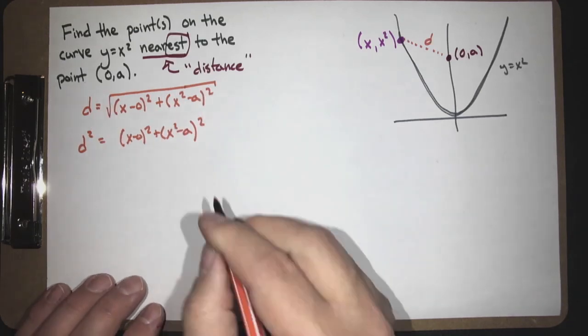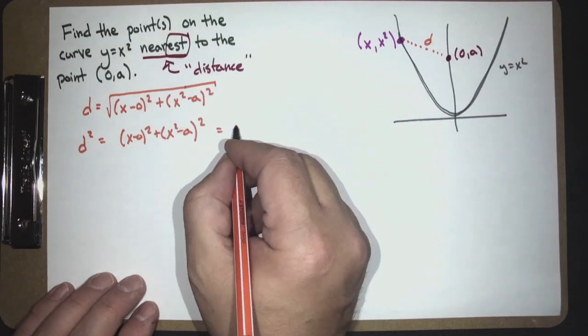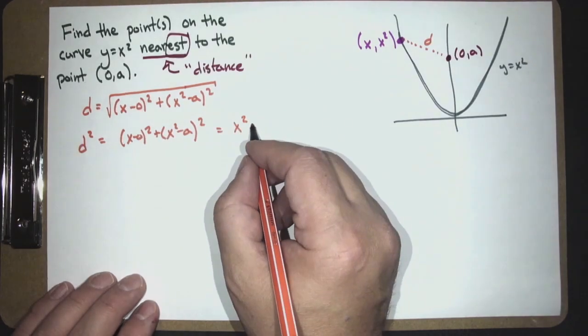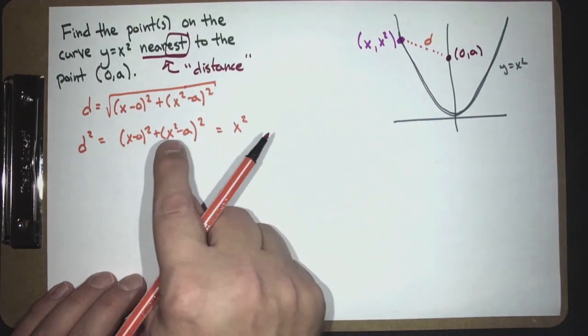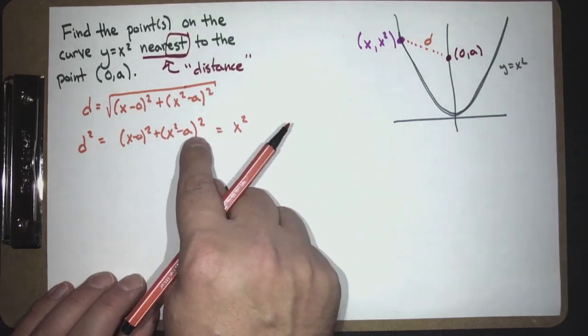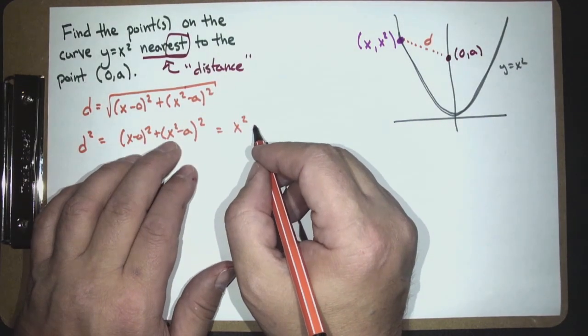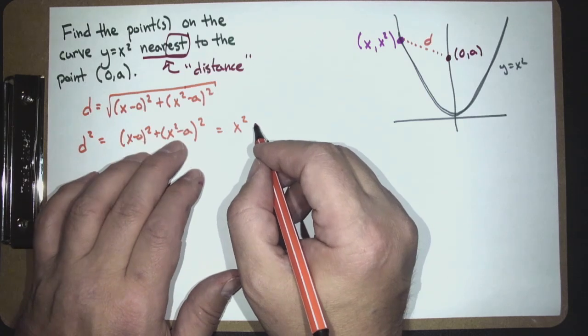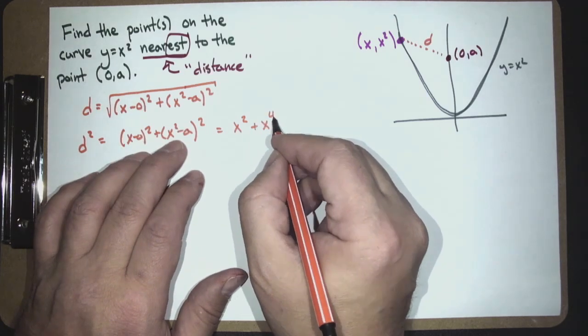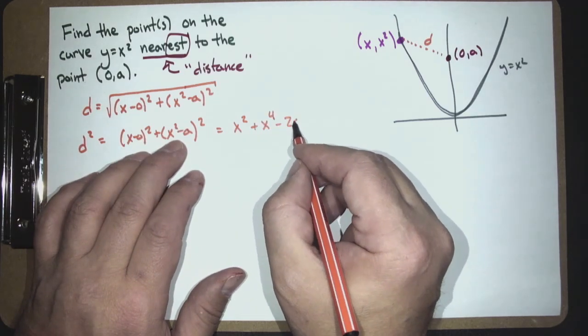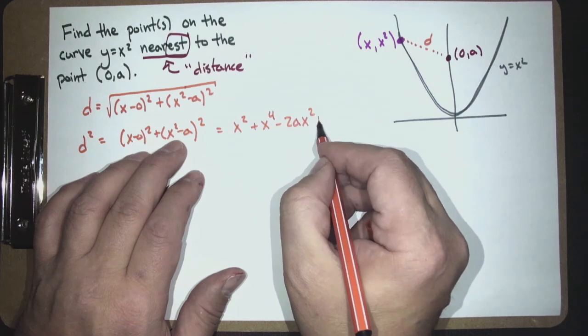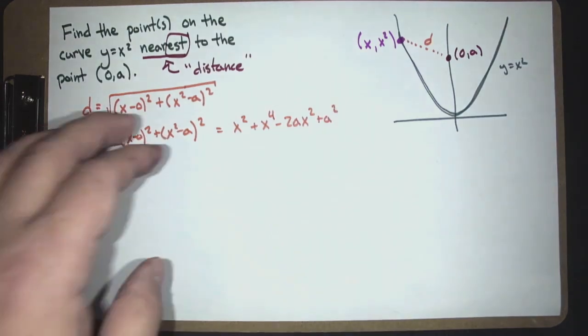Now, are we down to one variable? Well, yes, there's just x's. A is like a number. Now, I'm going to square this. So that's x squared quantity squared. This will be x to the fourth minus 2a x squared plus a squared.